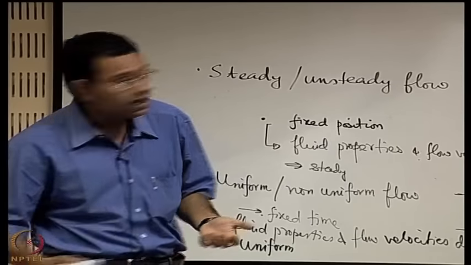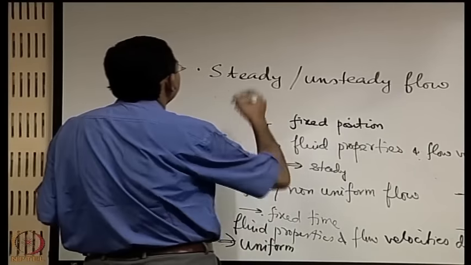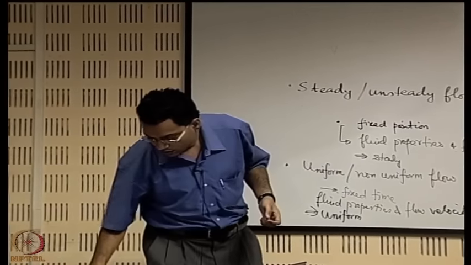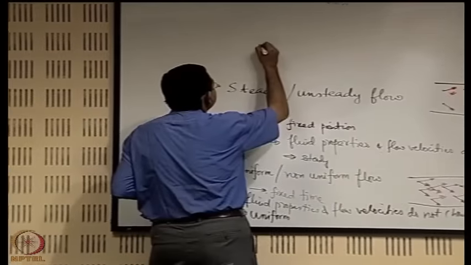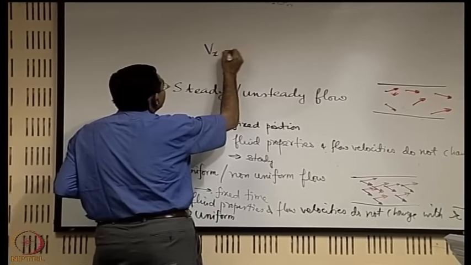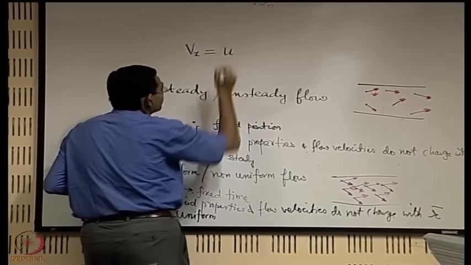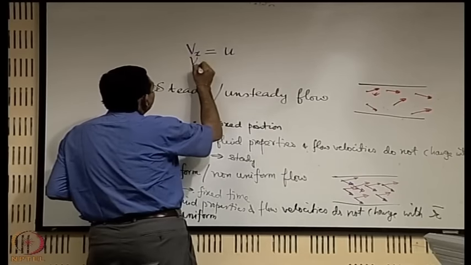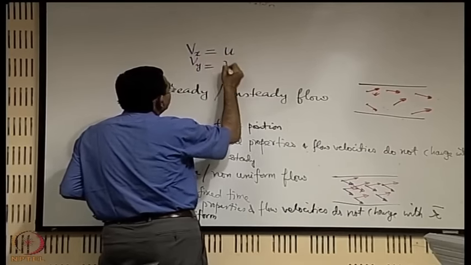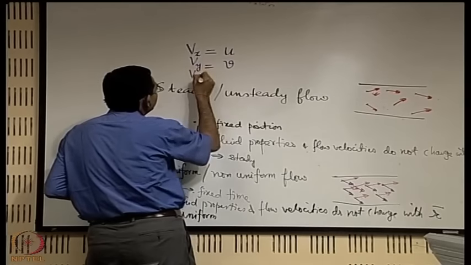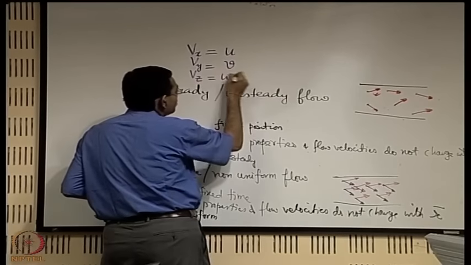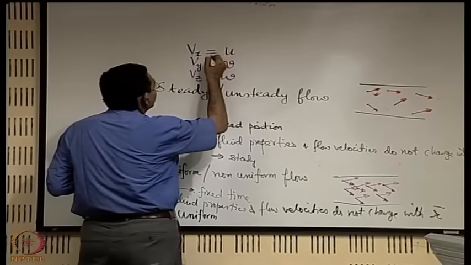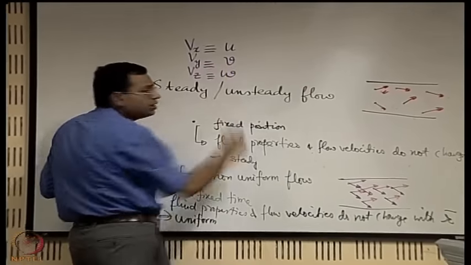In fluid mechanics we give them certain common notations. The velocity component along x we commonly name u. The velocity component along y we name v, and the velocity component along z, w. These are just notations commonly used in textbooks.